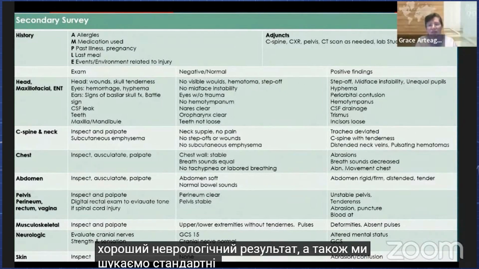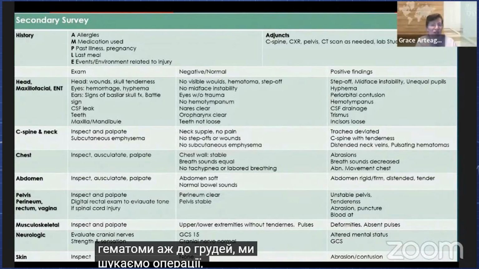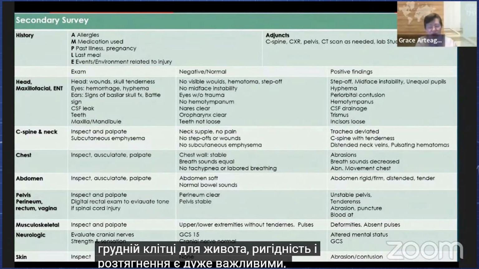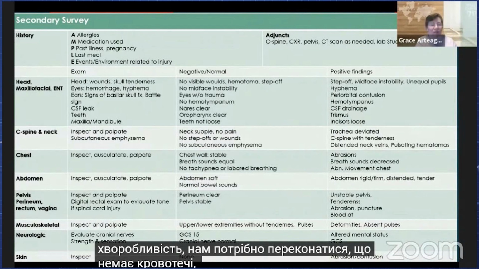Also we look for distended necks and pulsating hematomas. As far as the chest, we're looking for abrasions, changes in breath sounds, abnormal movement in the chest. For the abdomen, rigidity and distension are very important. If the patient is conscious and there is any tenderness, we need to make sure there's no bleeding.